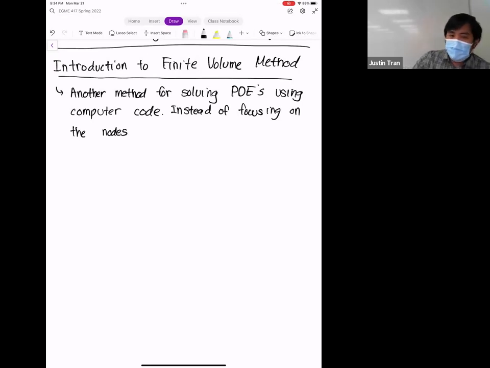If you remember, in finite differences we focused all our attention on the nodes. So we solved for the solution values at the nodes, and then we went from there. Instead of focusing on that, what we're going to be focusing on is the cells or the volumes in our grid.